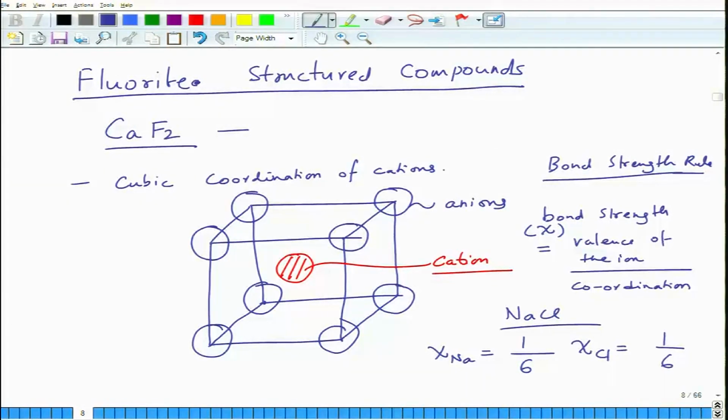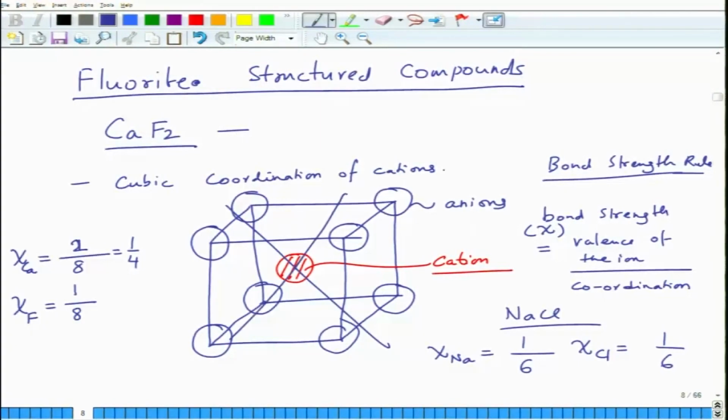What about CaF2? Chi Ca: the valence of the ion is 2, and the coordination is 8. If this structure was true, then it would be 2 divided by 8. They are not equal to each other, which means this is not right.